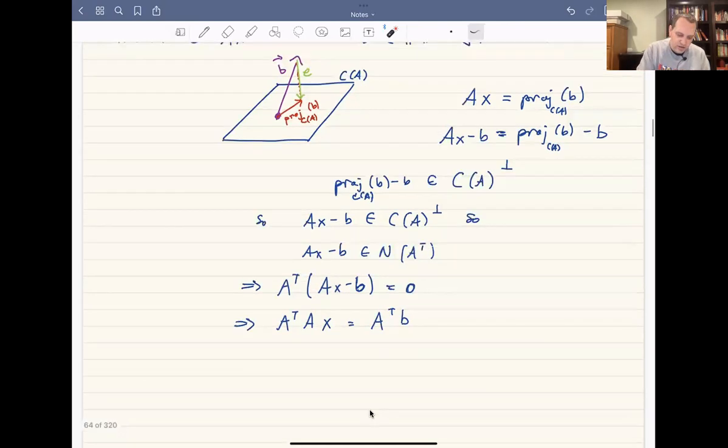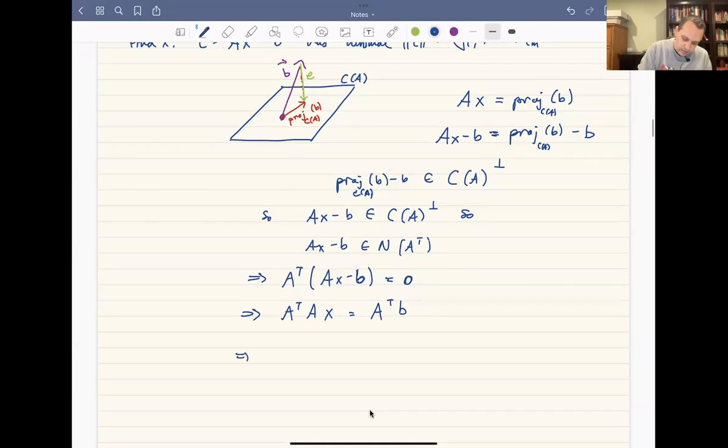So you can solve it by multiplying on the left by the inverse of A transpose A. That means x equals (A transpose A) inverse times A transpose times b. Okay, and so that's the idea.